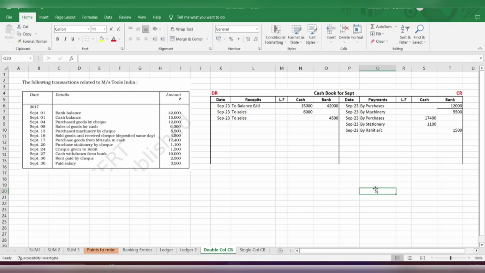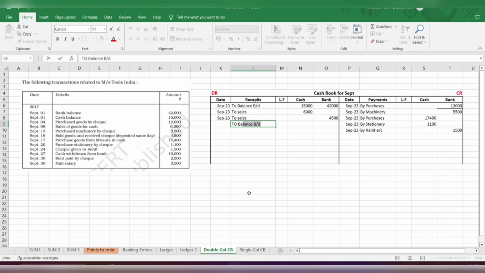Cash withdrawn from bank 10,000 rupees. This is a very important entry. We all have to understand the basics of such entries. Here we can see cash withdrawn from bank. Both the accounts are coming into consideration, cash account and bank account. When you are withdrawing cash, you are receiving it.